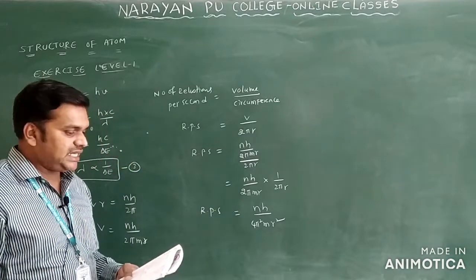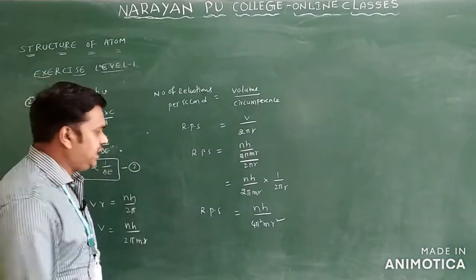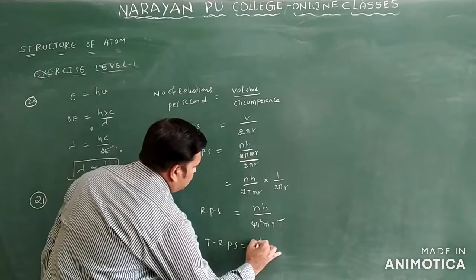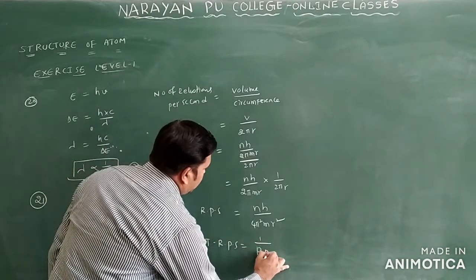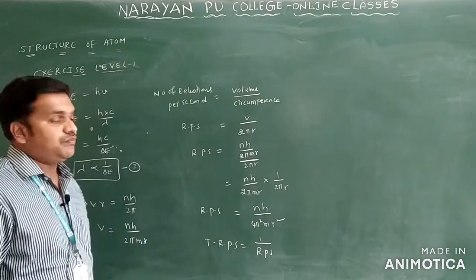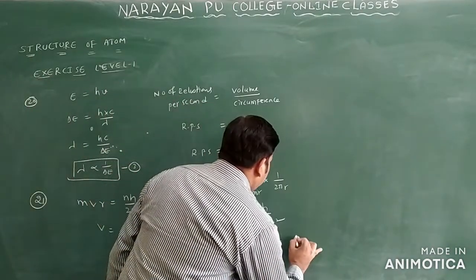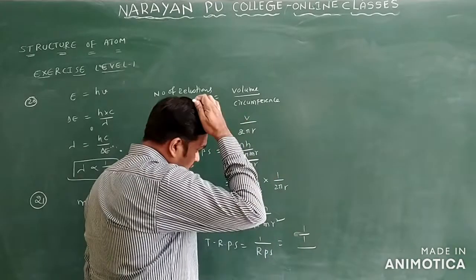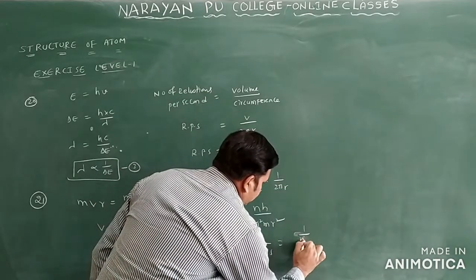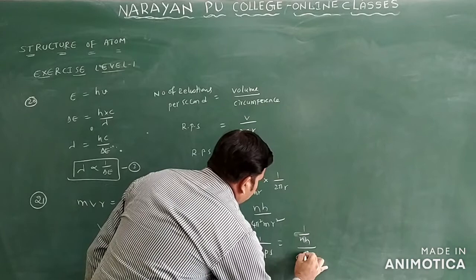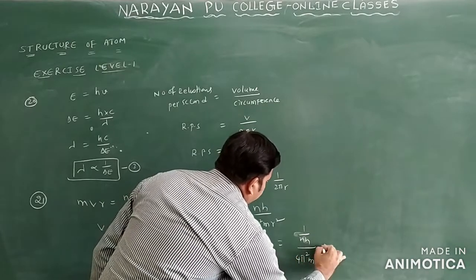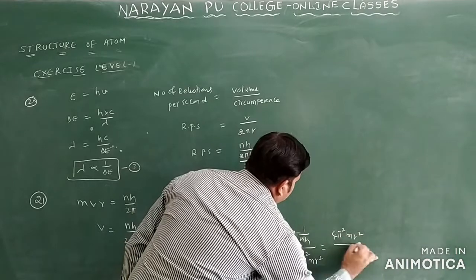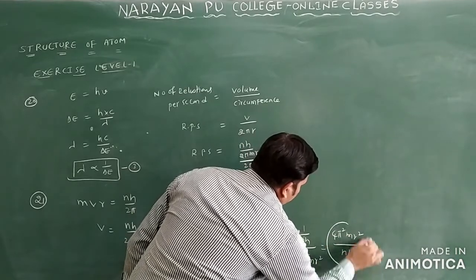They are asking for the time taken for the revolution. Time taken for one revolution is equal to the inverse of the revolutions per second. So I will write 1 by nh by 4 pi square mr square, which gives 4 pi square mr square by nh.